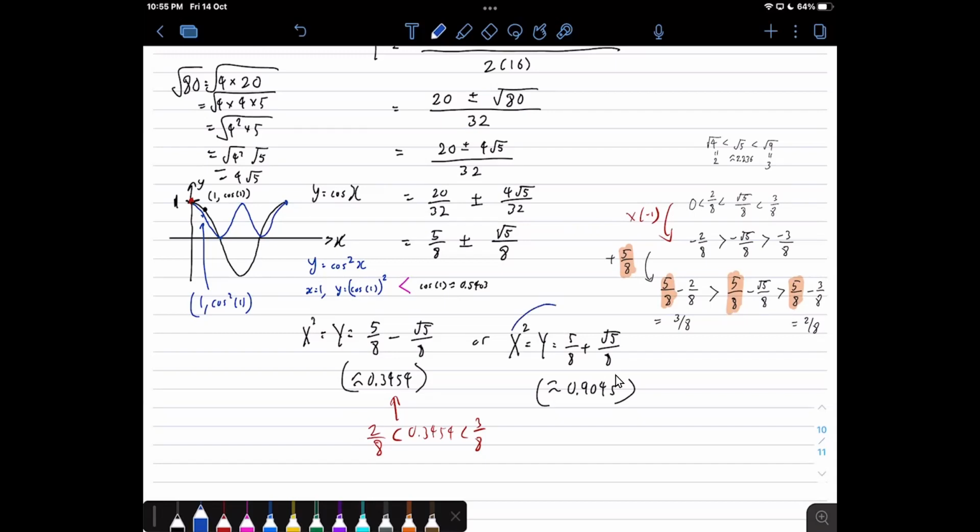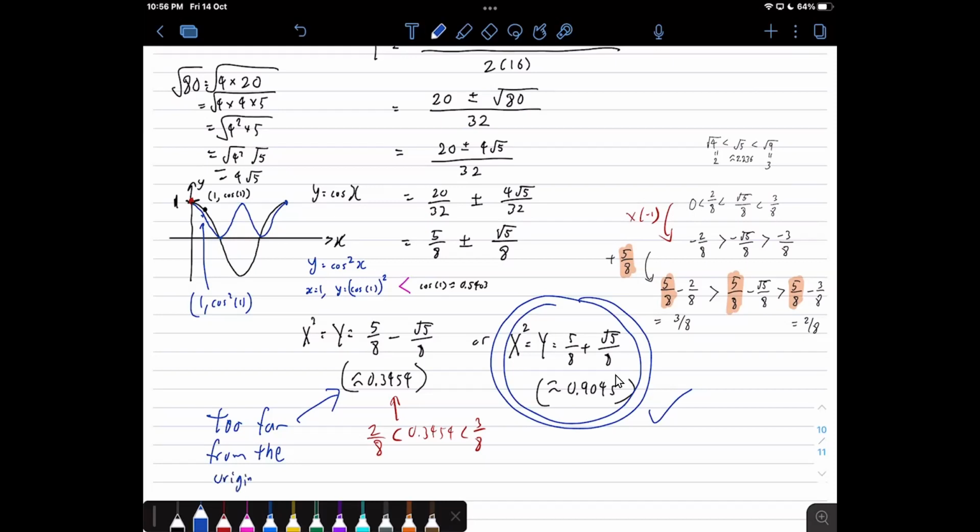Which means that this one would be closer to the correct answer. Is that convincing? Hopefully. I don't know. This one is too far already. It's too far from the original cosine value.